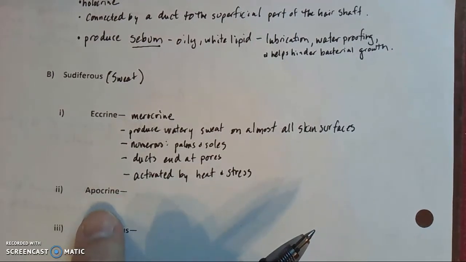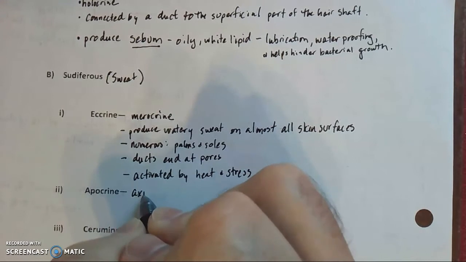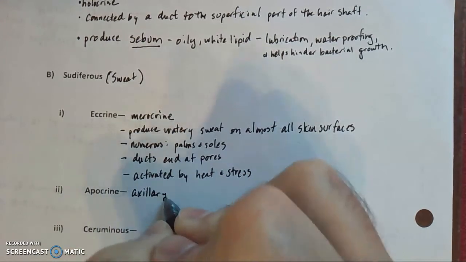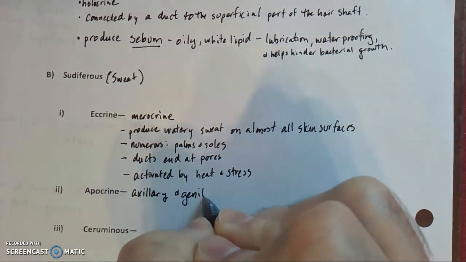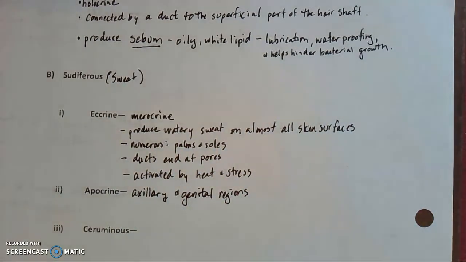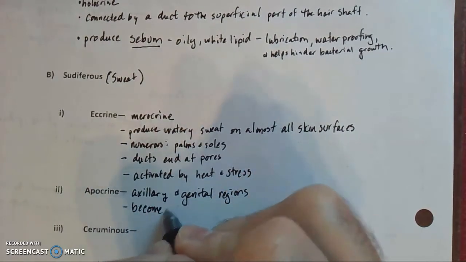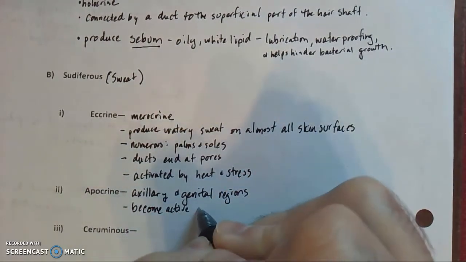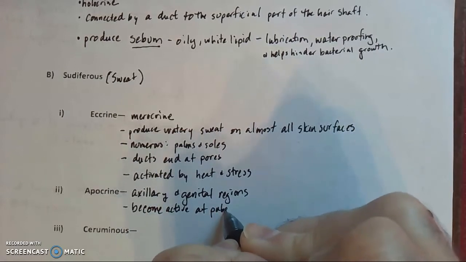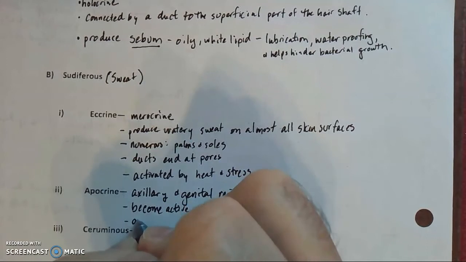The other type of sweat gland that we are familiar with is the apocrine. These are found in the axillary and genital regions. So these become active at puberty. And they open at follicles.